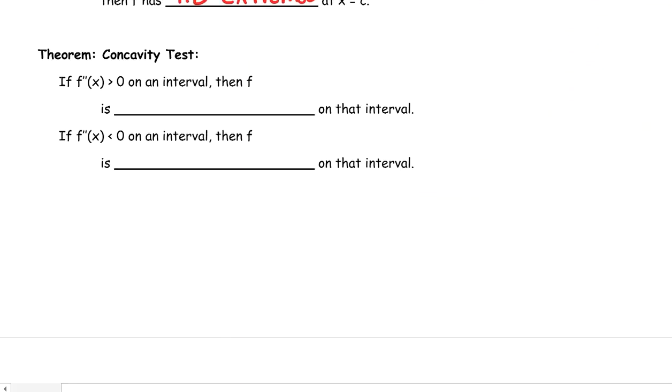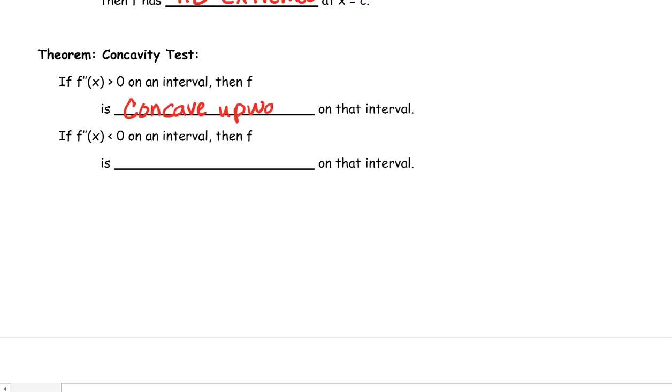All right, our concavity tests, we've already seen this. There, we have synonyms for f double prime being greater than 0. We know that that means that f prime is increasing, so that means the slopes of f are increasing. And when the slopes of f are increasing, that means that f is concave upward.